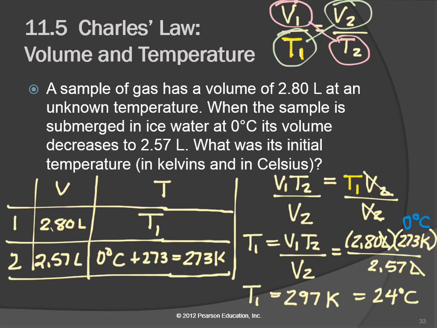What would my T1 end up being? 0? Does that make any sense? No. It doesn't work if the temperature's in Celsius. Sometimes you'll end up dividing by 0. Your calculator doesn't like that. You can't divide by 0. Any questions?